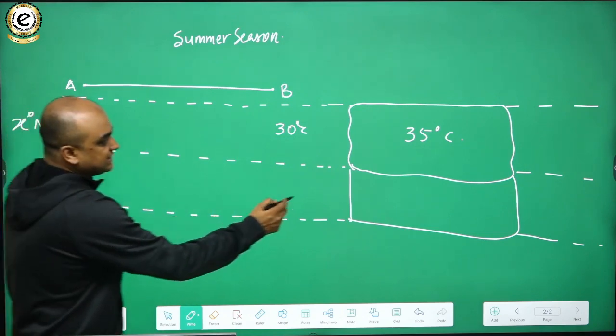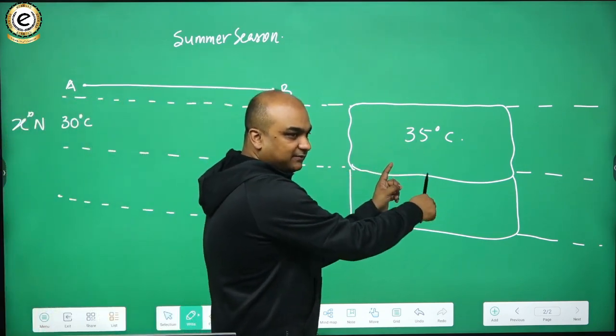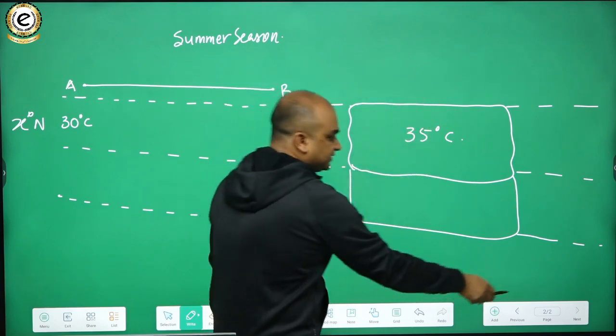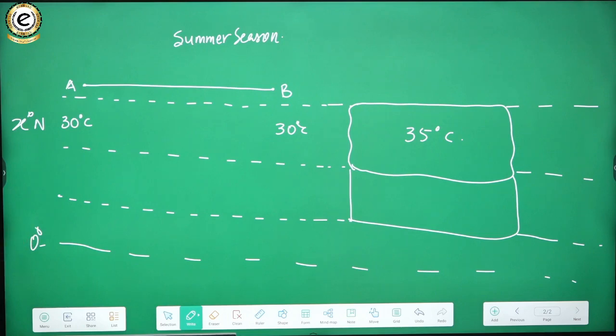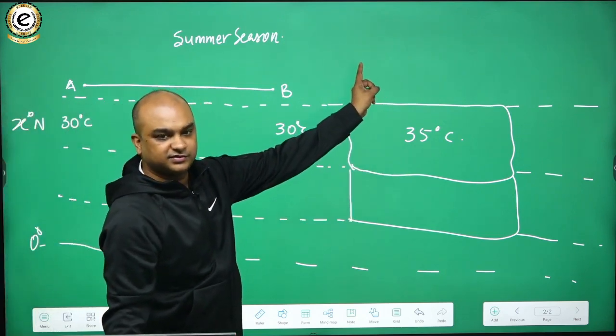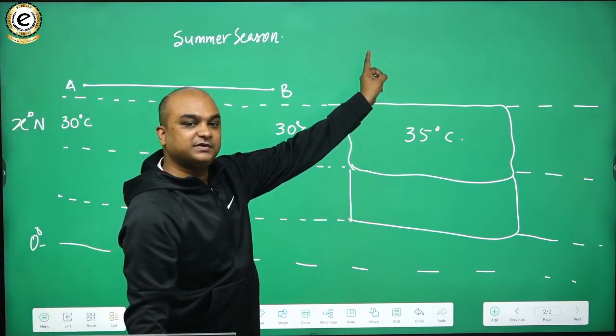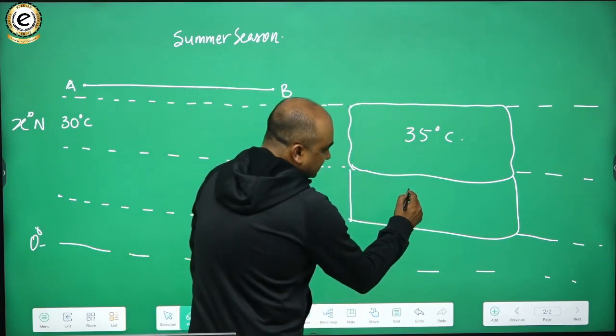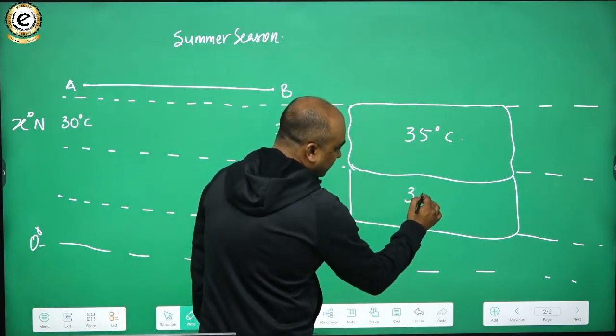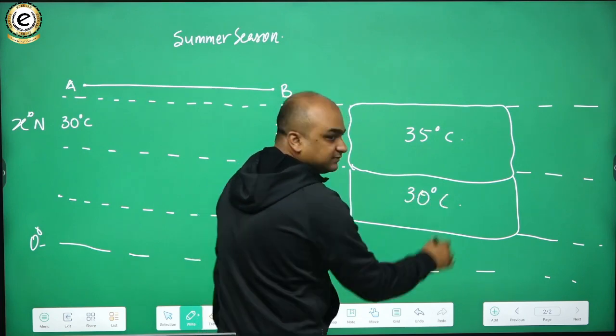So if this is 35 degrees Celsius, I'm going towards the poles. Suppose this is the equator, which is 0 degree. If I'm going towards the poles, then definitely the temperature must be falling. Got it? So if this is 35 degrees, can I say this could be somewhere around, say, 30 degrees Celsius?